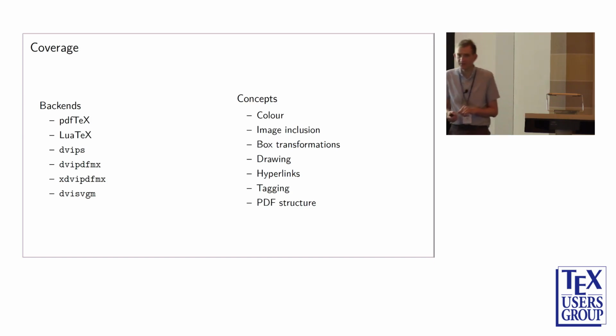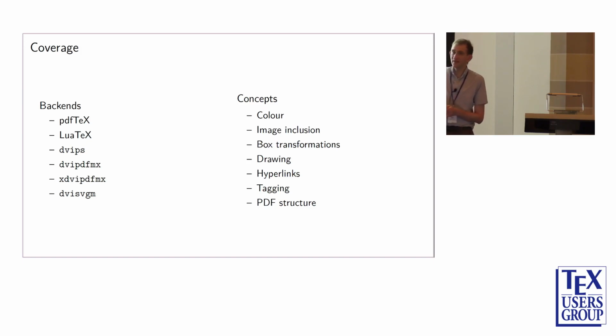And then we can think about the features that we want to include. So you've got color, which has been around for a long time. Image inclusion, again, quite straightforward, and maybe a little more straightforward over the years. Box transformations. The original design of the graphics package was driven by what the backends at the time could do.